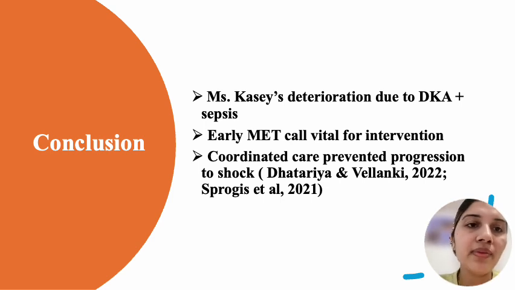In conclusion, Miss Cassis deteriorated due to diabetic ketoacidosis and sepsis. Because of that, medical intervention is really important if the vitals are really low, if her heart rate and blood pressure are severely low, if she is confused and her GCS is low.